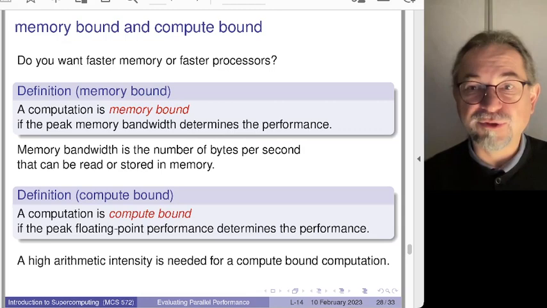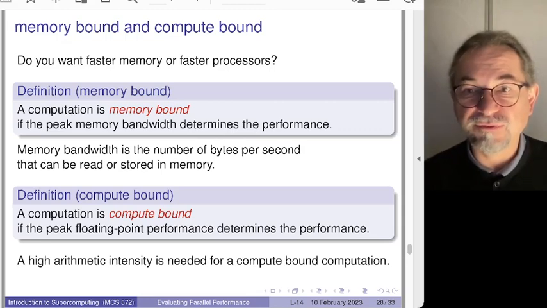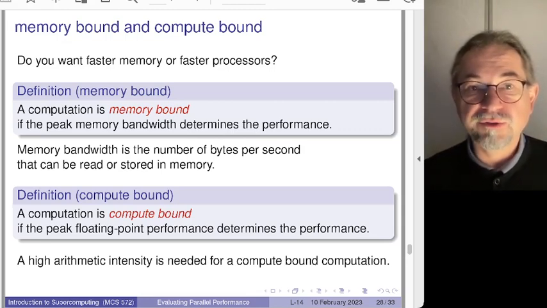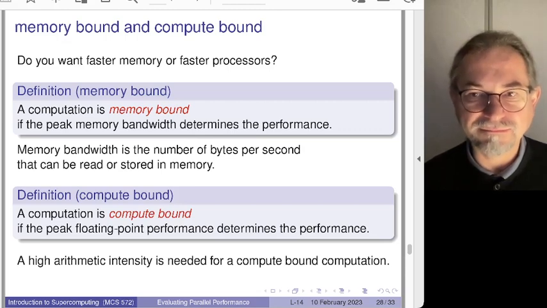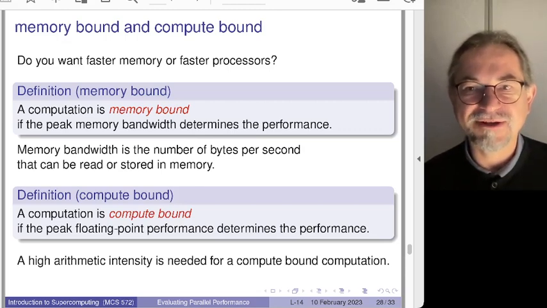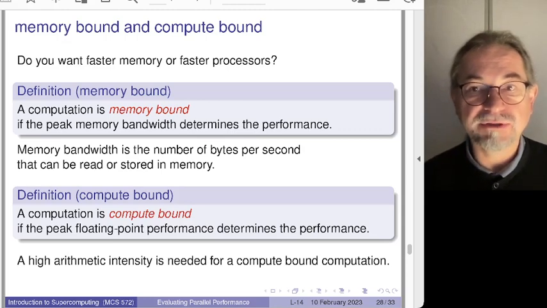So one can also always ask, if you purchase a computer, do you want faster memory or faster processors? I'm doing this recording on a MacBook Air with the M1 processor, but I have another MacBook Air which runs at 1 gigahertz, which is actually quite low, but which still performs quite well because it has fast memory.